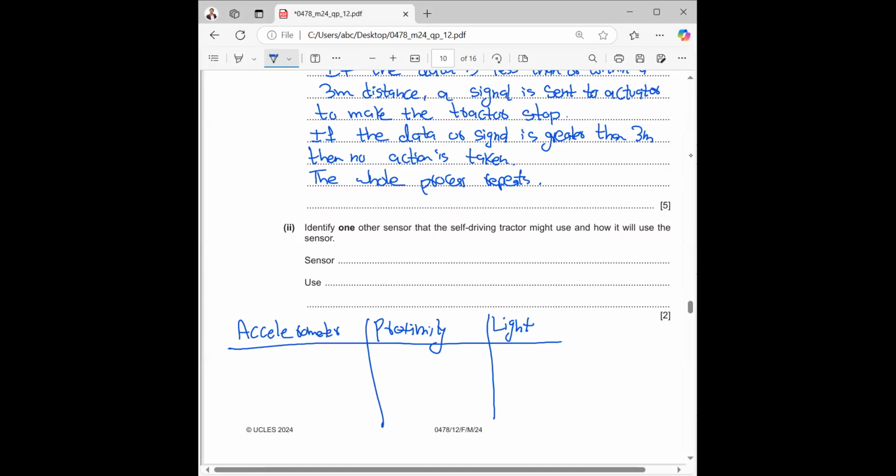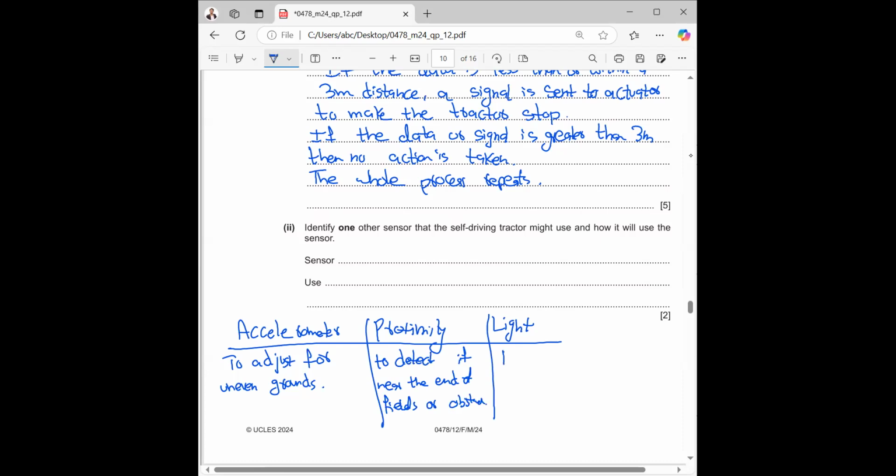If it is an accelerometer, then it is used to adjust for uneven grounds. Proximity is to detect if near the end of fields or obstacles.